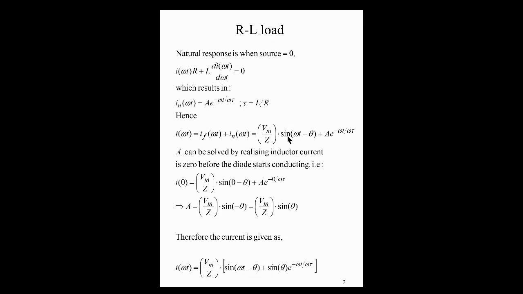So we have sine of omega t minus theta, plus sine theta, that's the A that we substitute, multiplied by e to the minus omega t over omega tau. So that's the expression for our current in the solution.